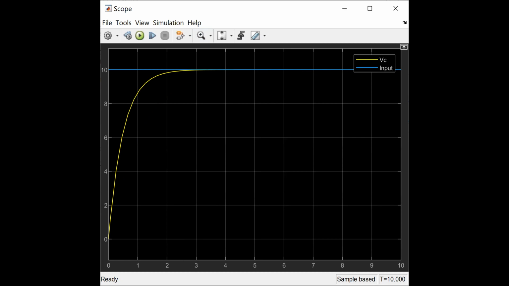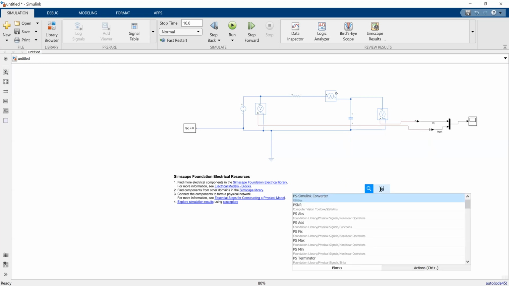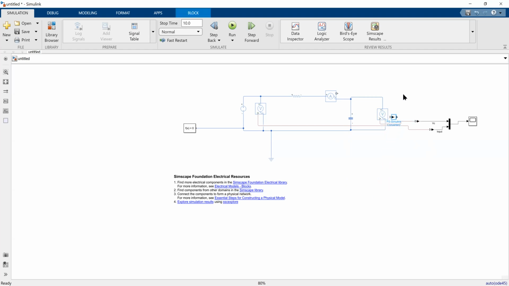Now let's simulate the capacitor current also, or the current that flows there. Okay, let me go back. For this, I'm going to use the element that is the current sensor. That will measure the current. All right. So this is the current.